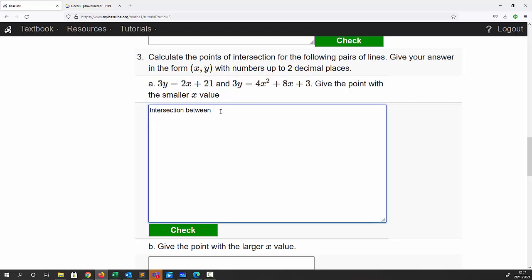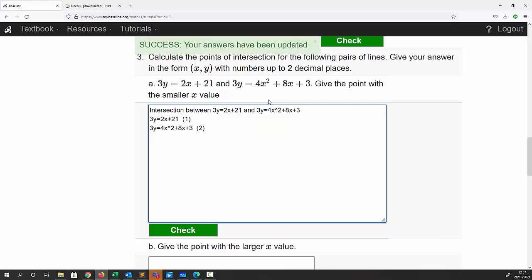Control C, Control V. Okay, and then I need to fix those so it's 2x plus 21 and 3y is equal to 4x squared plus 8x plus 3. So then what I want to do is to copy those, Control C, Control V. So this one I'm going to call equation 1, and this one I'm going to call equation 2.